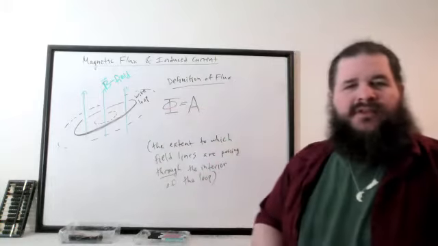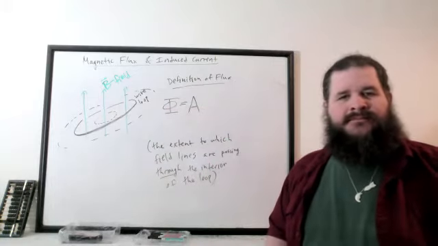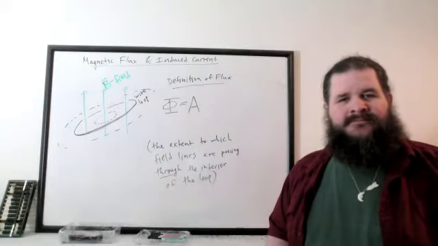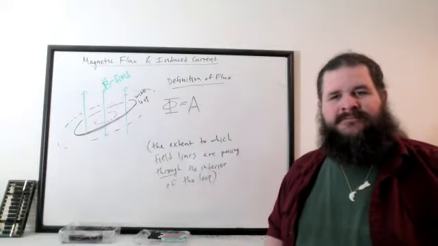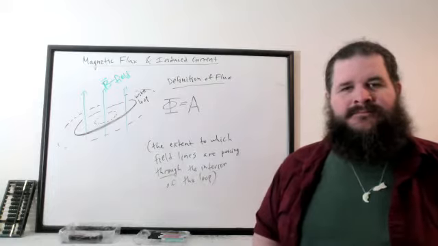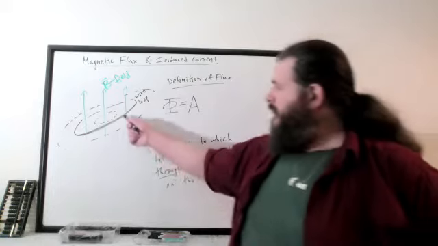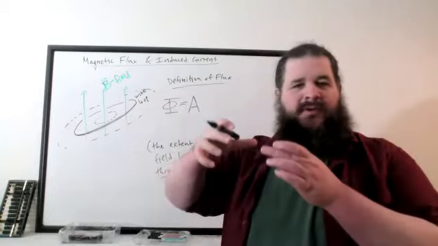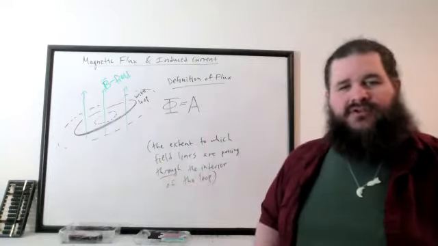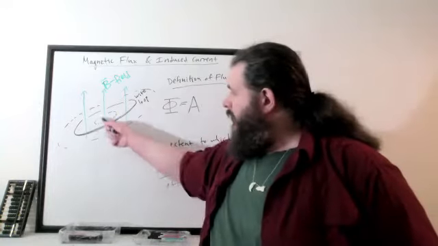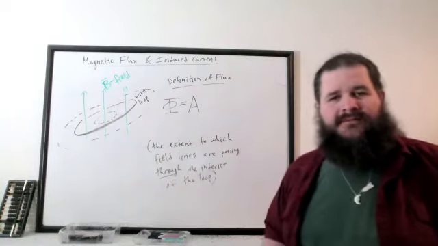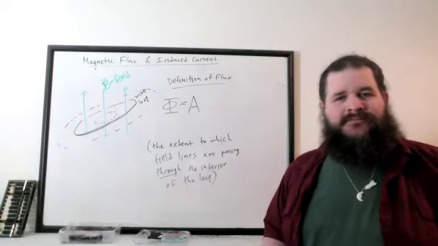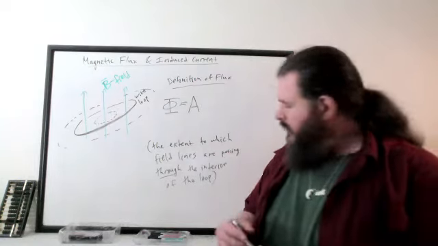What else do you think would make a difference here? Let's assume the area is constant. You're just taking this single loop and holding it in place. How else could you increase or decrease the number of field lines that pass through that? Yeah, the strength of the magnetic field.